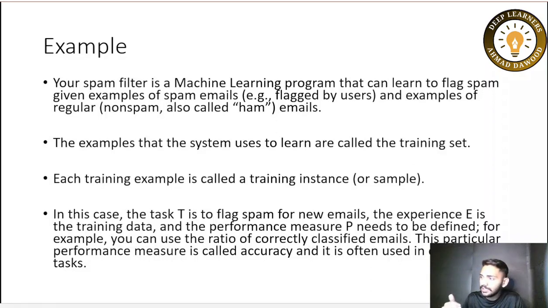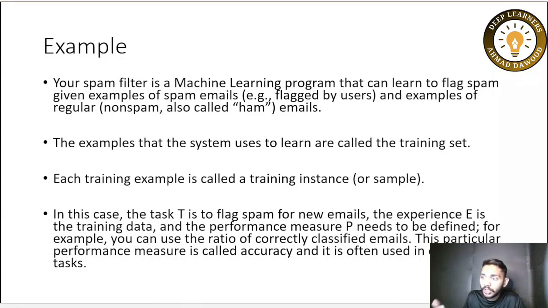So in the case of the spam filter, the task T is to flag spam for new emails. The experience E is the training data. The performance measure P needs to be defined, because there can be multiple performance measures by which we can evaluate our model. For example, we can use the ratio of correctly classified emails.